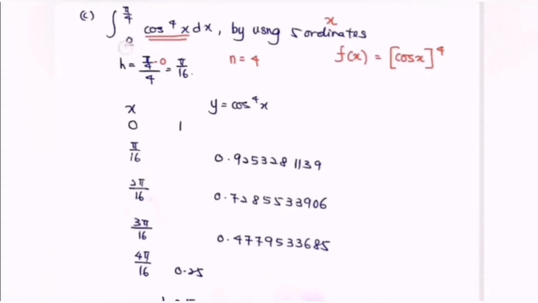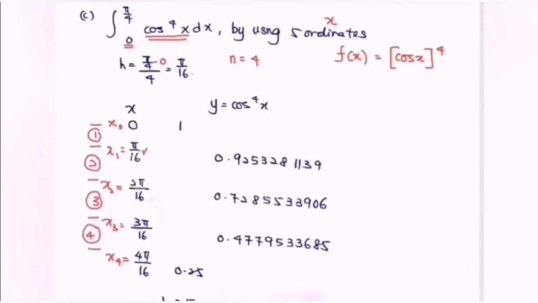Refer to the starting value x0, which is 0, followed by x1, pi over 16, meaning we add on h. Then x2 is pi over 16 plus pi over 16, so we have 2 pi over 16, followed by x3 with another pi over 16, and finally x4, which is 4 pi over 16. So here we have the first strip, followed by the second, third, and fourth. So 1, 2, 3, 4.